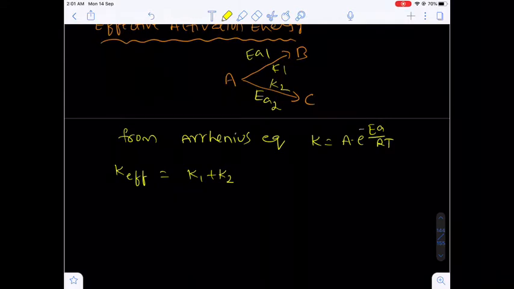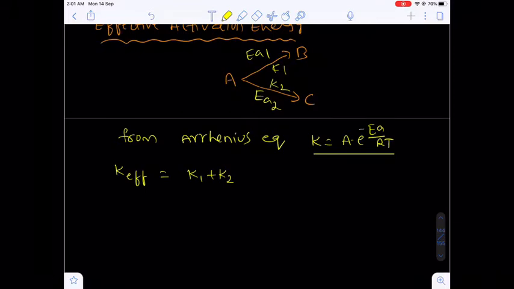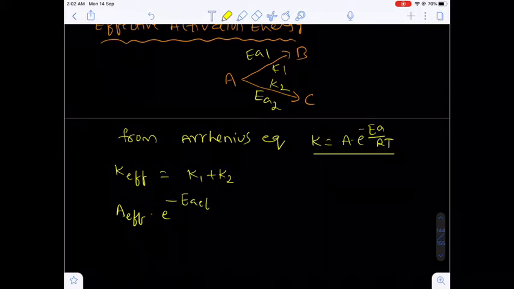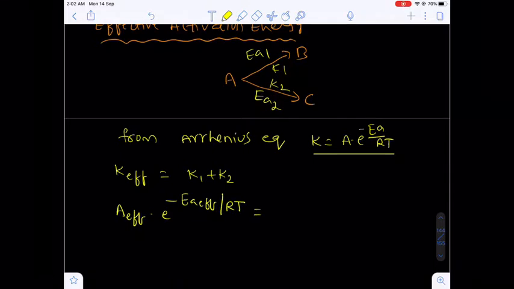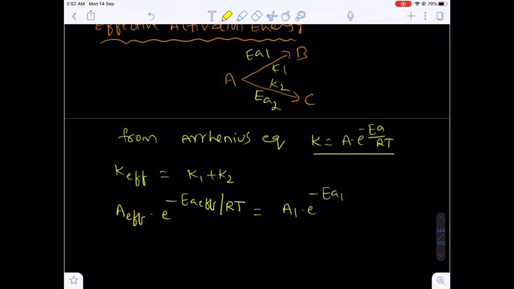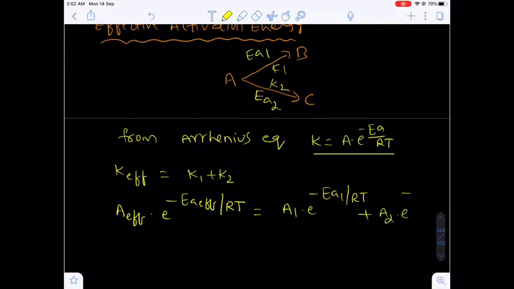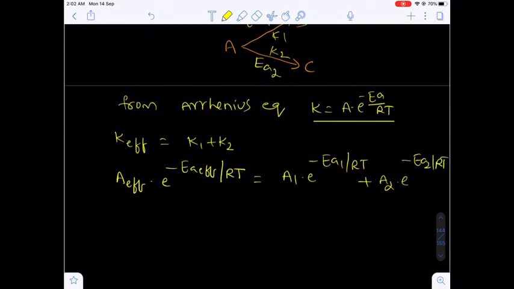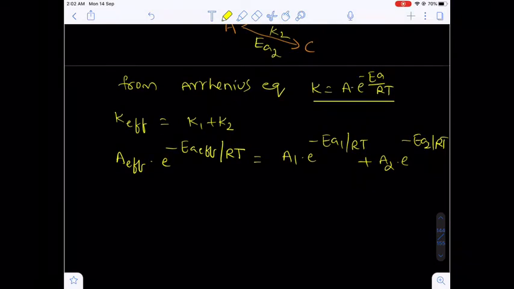So applying this to the expression, instead of A I write A effective into e to the power minus EA effective by RT, which equals A1 into e to the power minus EA1 by RT plus A2 e to the power minus EA2 by RT. Here I am taking the temperature constant. Are you getting my point?